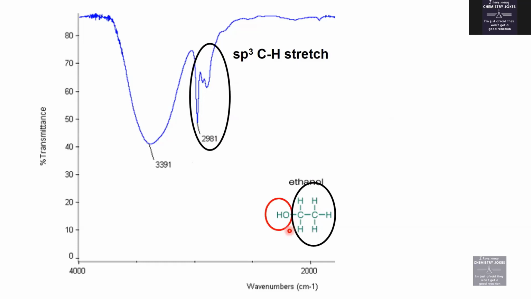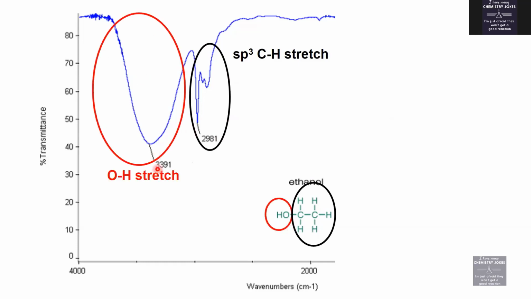It's an OH bond. That OH must be what's responsible for this big, wide, gnarly stretch over there. We'll talk about the regions you need to know in IR stretches later, but really it's kind of recognizing the pictures and what bonds are what stretch areas.